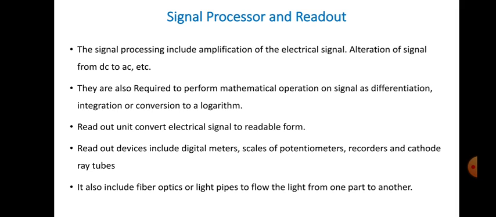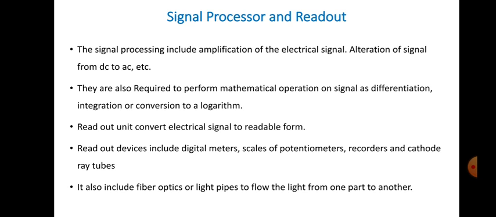Readout devices include digital meters, scale of potentiometer, recorders, and cathode ray tubes. It also includes fiber optics or light pipes to carry the light from one part to another.